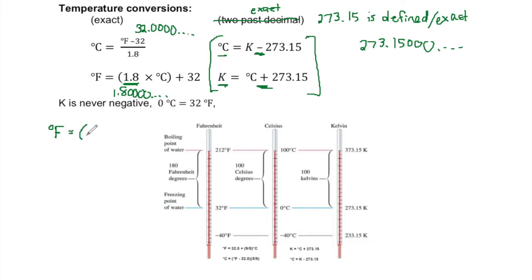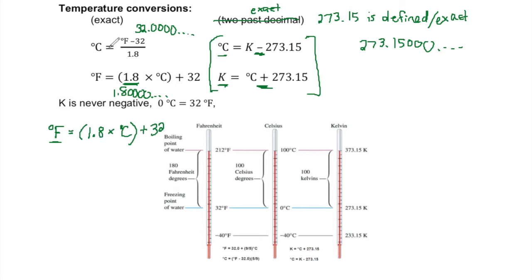And the way to make something bigger is to multiply. If you multiply by 1.8, then that is going to make something bigger. Dividing by 1.8 will make it smaller. Multiplying will make it bigger. And then once I've made it bigger with multiplying, I make it bigger with adding. So both of these things make it bigger to give a Fahrenheit value that's a bigger number. So that's sort of how I remember this one.